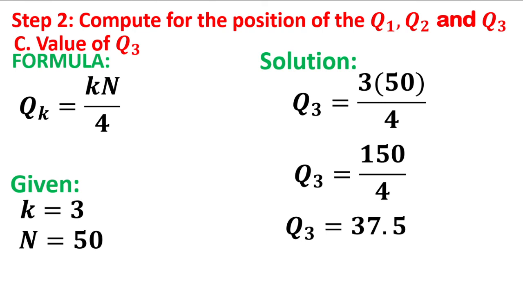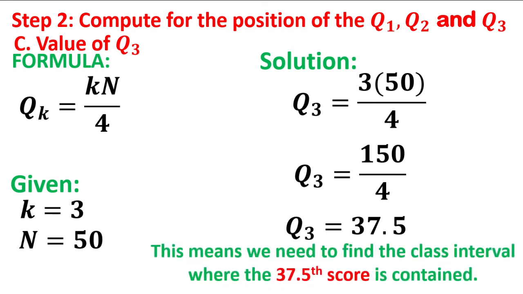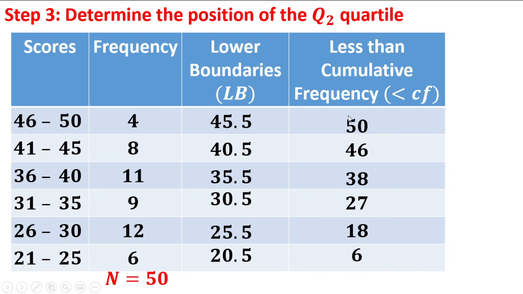So, ibig sabihin ang position na hinahanap natin ay nasa class interval na kung saan yung score na 37.5 or where the 37.5 score is contained. Kung nasaan yung 37.5 score. Okay? So, sa table natin, hahanapin mo saan ang 37.5 score dyan.